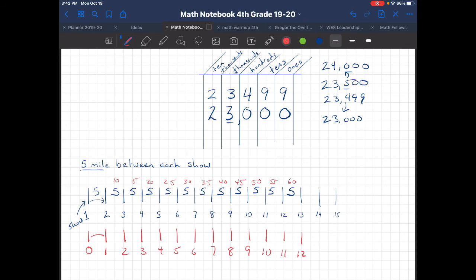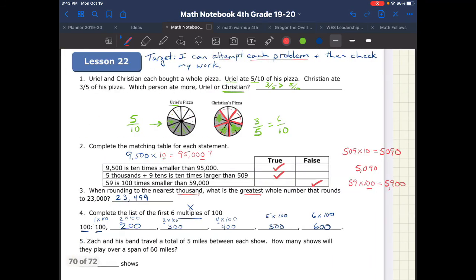So if you got 13 shows or 12 shows, then I would say that you got it correct. Some people may have said 60 divided by 5 equals 12 and gotten to 12 shows. So we're going to say 12 or 13 shows, depending on how you think about it.